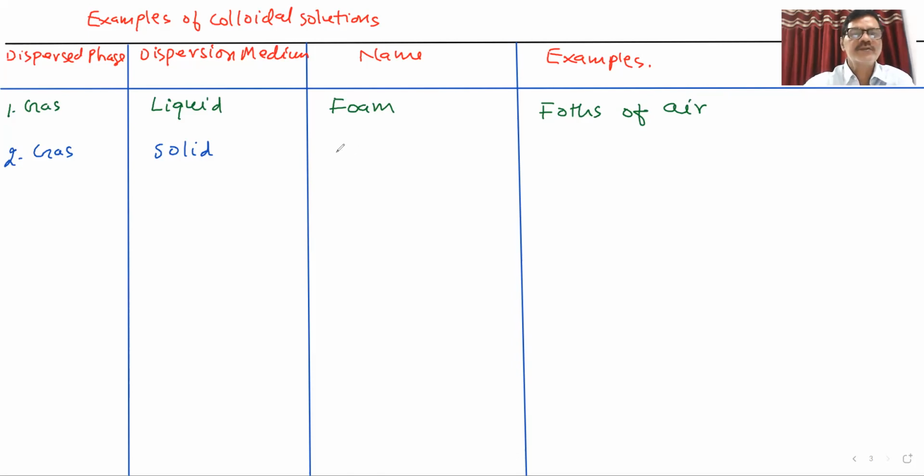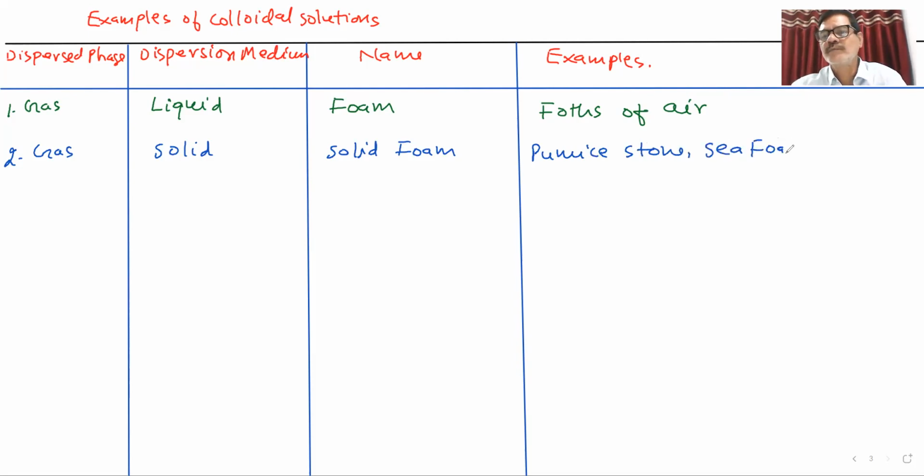Name of the sol is solid foam, and example is pumice stone and sea foam. Other example is styrofoam.